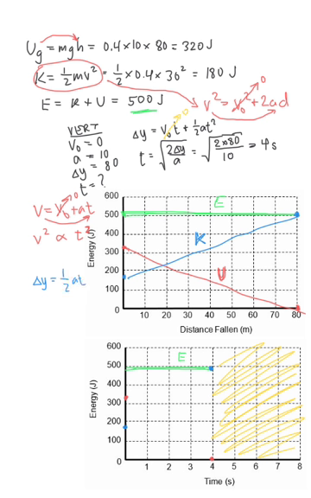I'm leaving out the v0t, since the initial velocity vertically is 0, but you can see right here that U, which is directly proportional to h, or the distance, is proportional to t squared. What that means is that both kinetic energy and potential energy are proportional to t squared. So for the potential energy, let's go ahead and do this graph first.